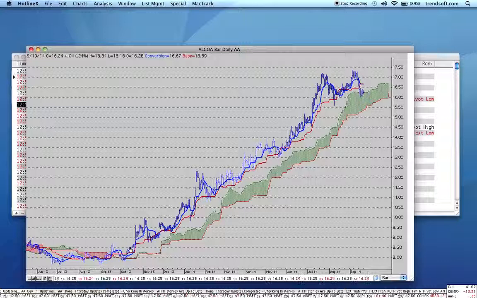This blue line that you see running through the prices, what looks to be a moving average, is the midpoint of the highest high and the lowest low achieved in the past 9 periods.